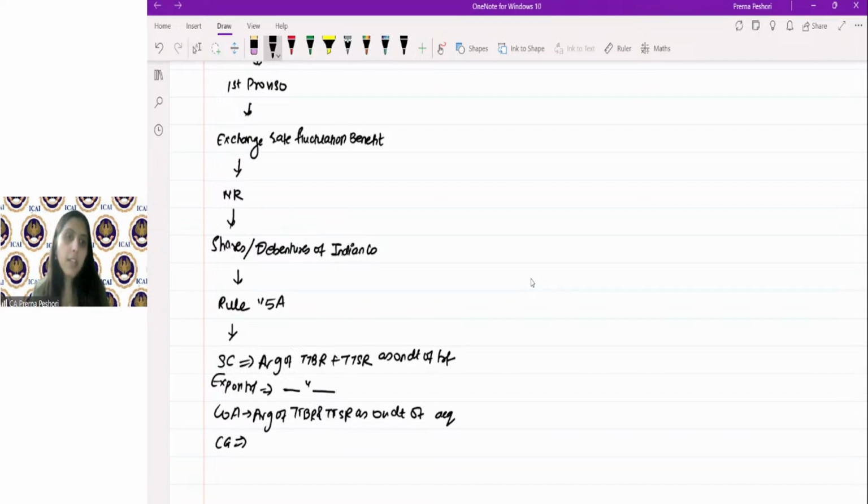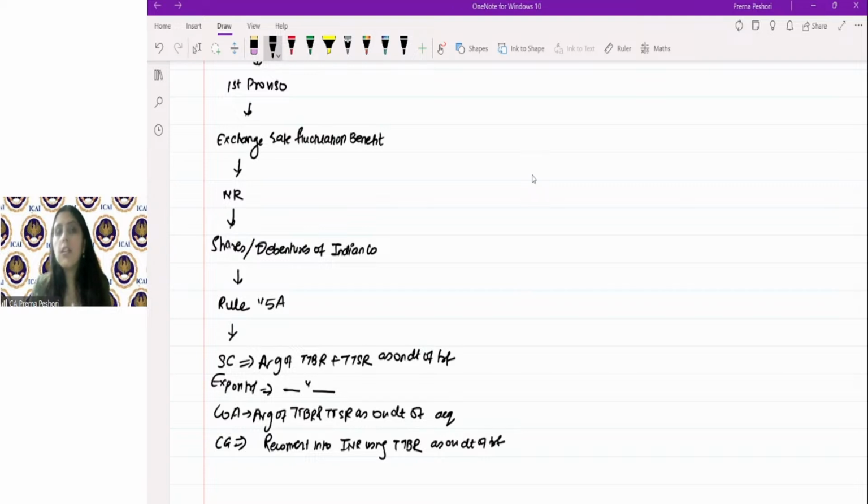Finally, the capital gain will be computed in this particular way. And then you have to reconvert the capital gain into INR using TTBR as on the date of transfer.